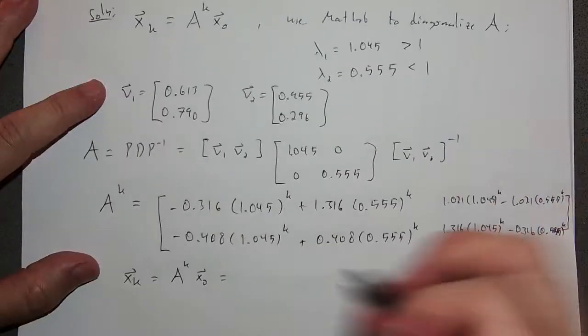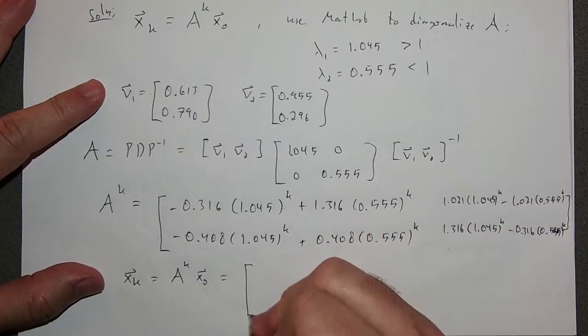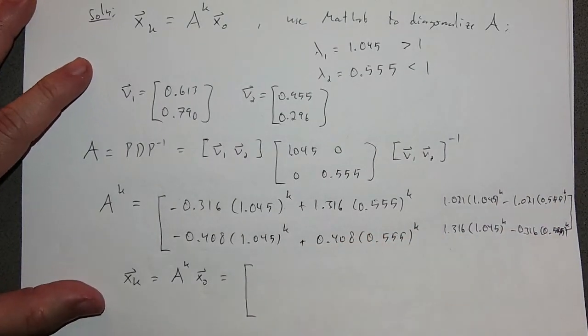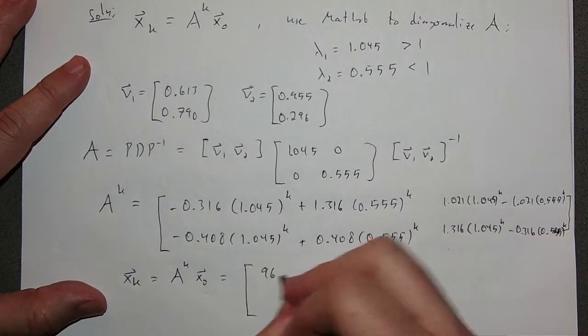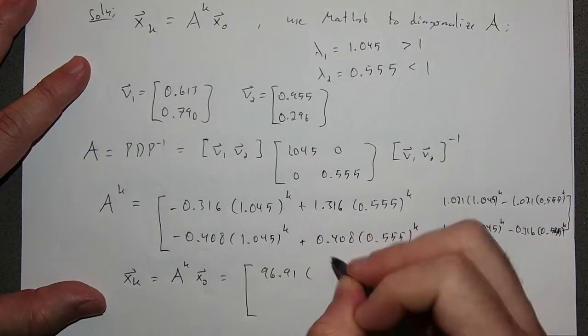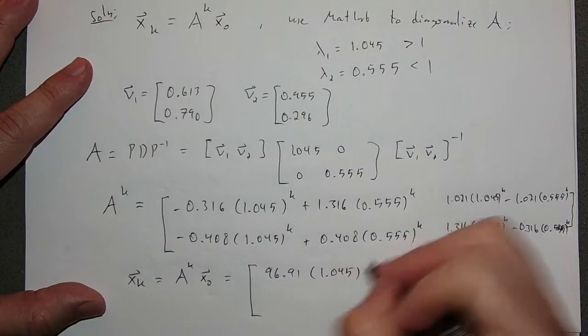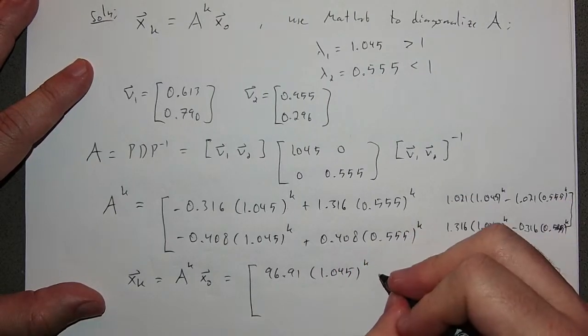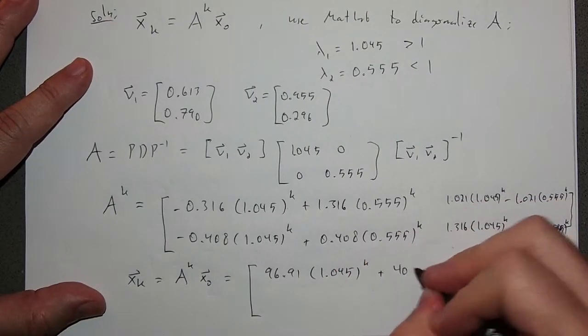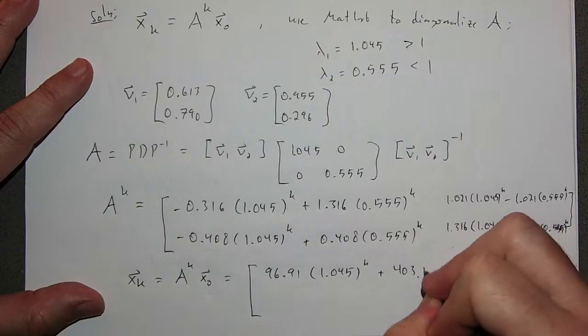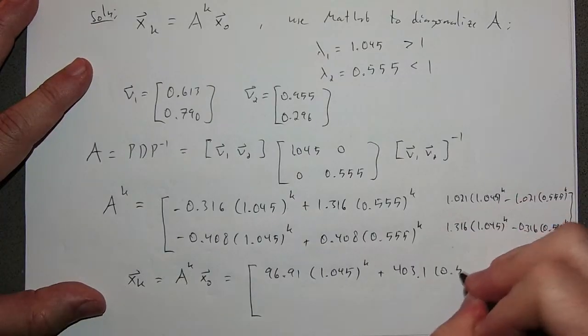So what I actually get, this last vector, is 96.91 times 1.045 to the k plus 403.1 times 0.55 to the k.